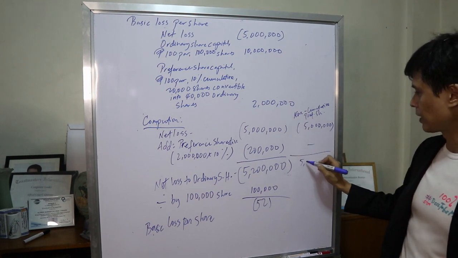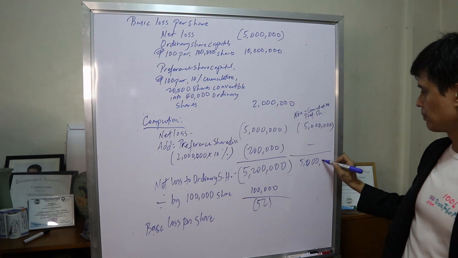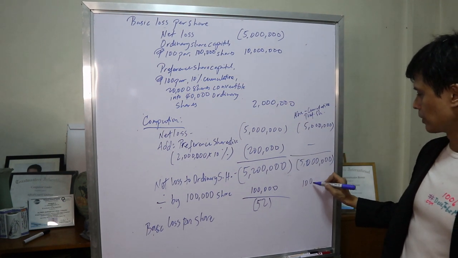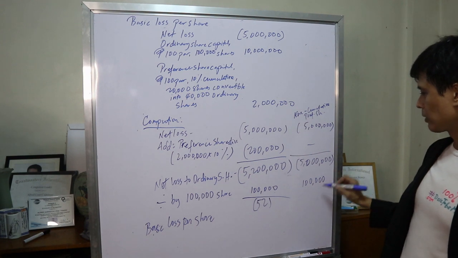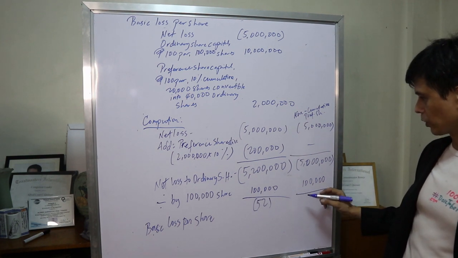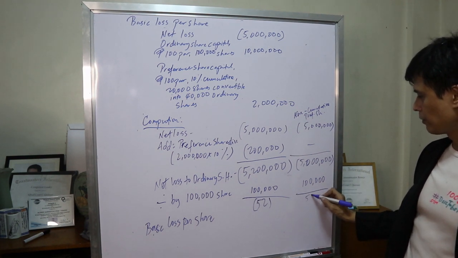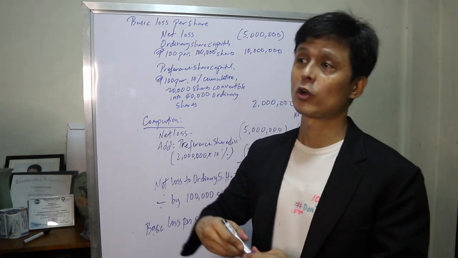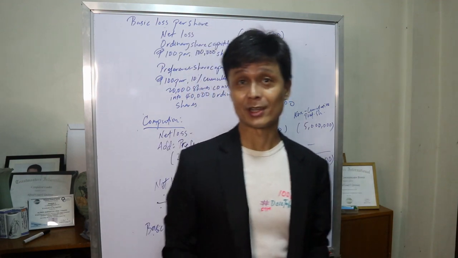So, this would be 5 million. So, diretso na siya, 5 million. Yan. So, divide this by the number of ordinary shareholders or ordinary shares. So, this would be 50 pesos. So, that would be the basic loss per share for the ordinary shares.